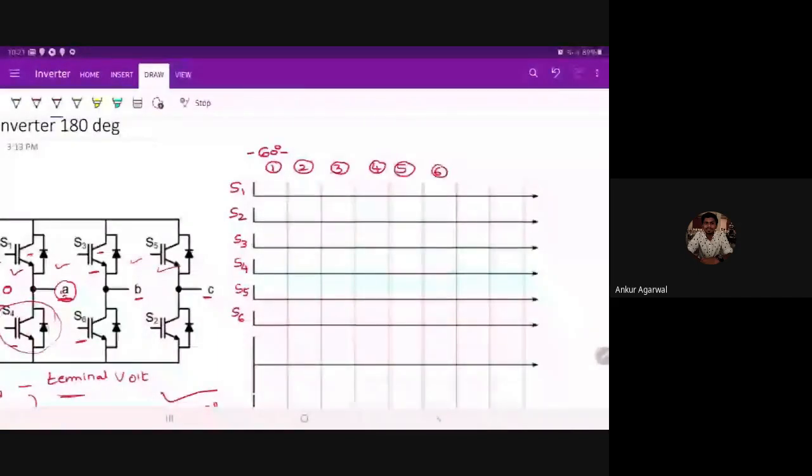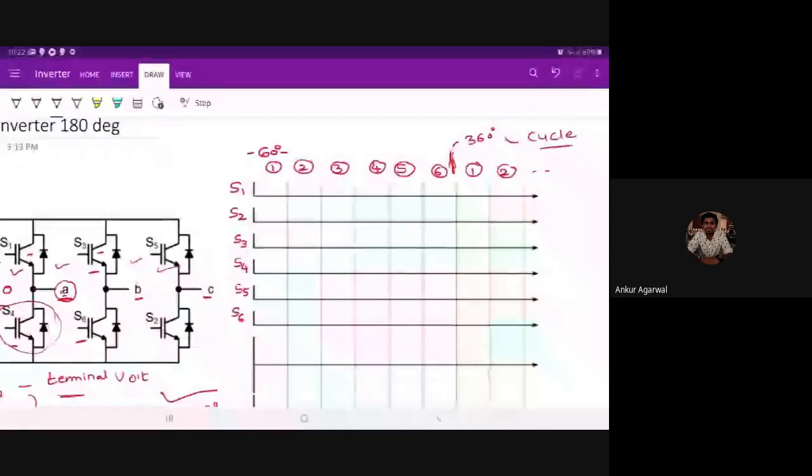Up to here there is one complete cycle, and from here again it will be 1, 2, and so on. So the entire span up to this 6 is 360 degrees, which is equal to 1 cycle of the fundamental. Clear? 1 cycle of fundamental, right?